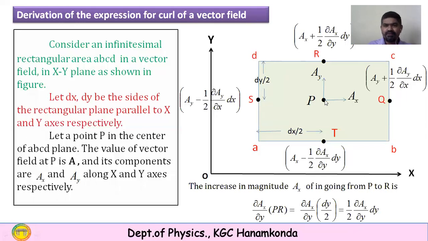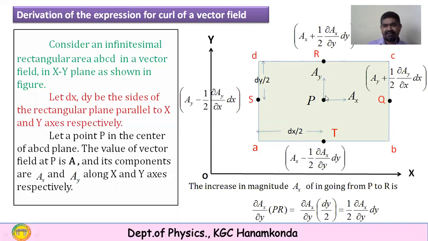Now I am going from P to R. So here the vector field is increasing. The Ax value from P to R is changing. Therefore, the increase in magnitude of Ax along the y direction is written as dou Ax by dou y.